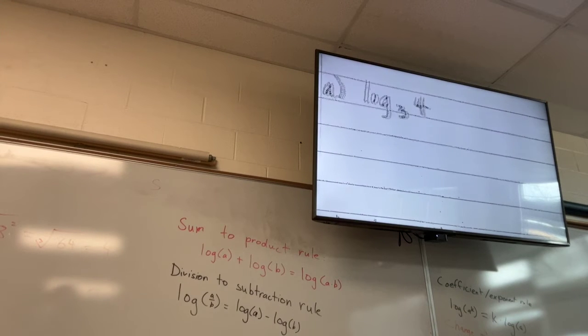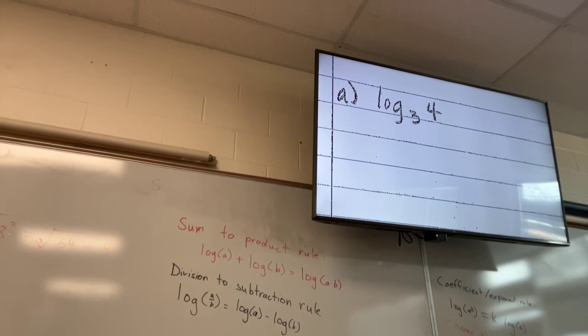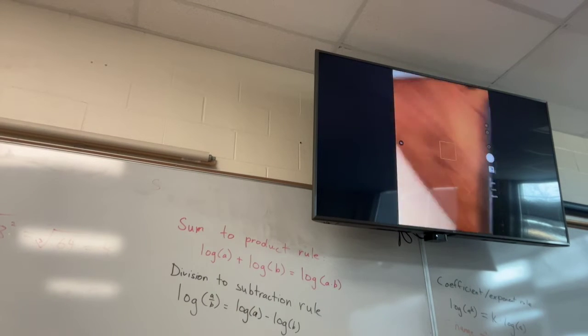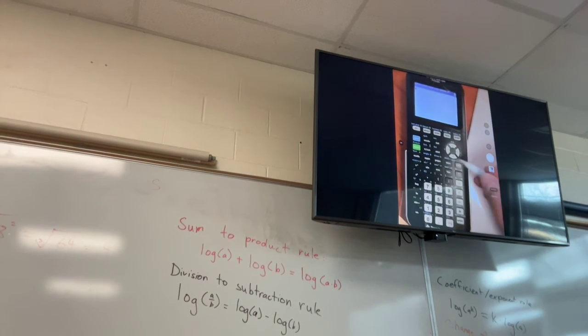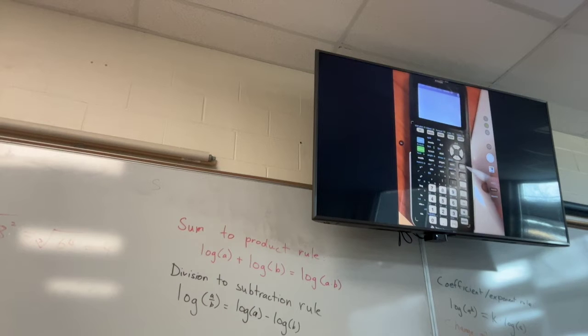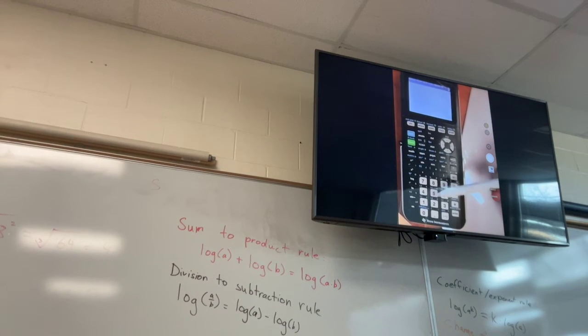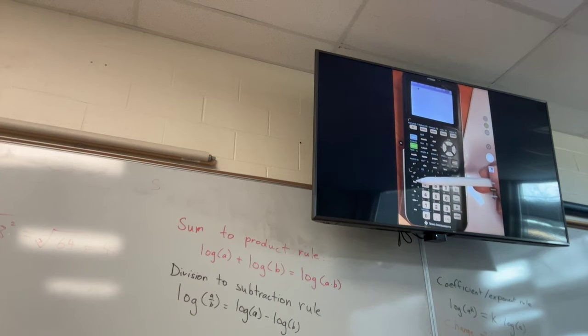Well, one way you could do it is by plugging it into your calculator, okay? So let's do log base 3 of 4 in our calculators. Where's the log base 3 button here? Anyone see a log base 3 button on my calculator? There's log, that's log base 10, right?